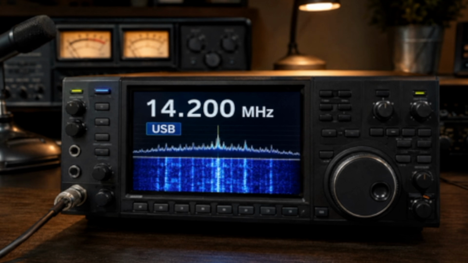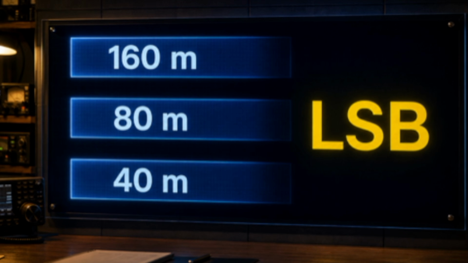At this point, you might be wondering, if either sideband contains the entire conversation, why do amateur radio operators sometimes use upper sideband and sometimes use lower sideband? By long-standing international convention, amateurs normally use lower sideband on the 160, 80, and 40 meter bands.